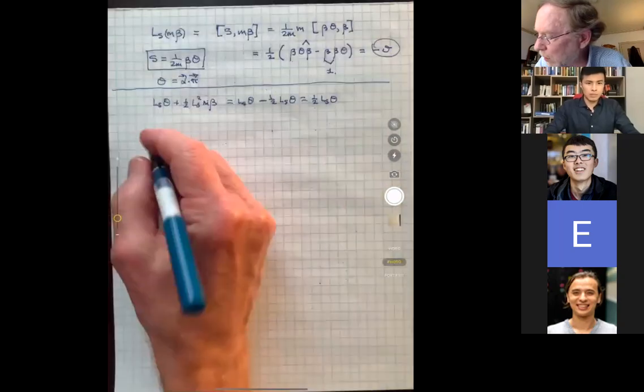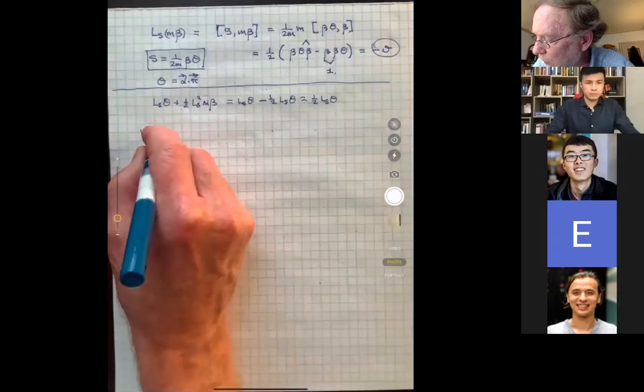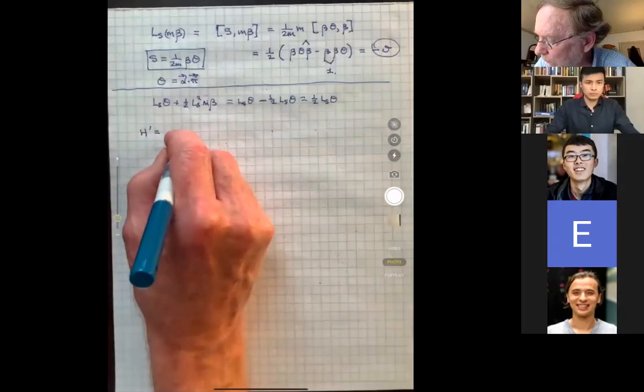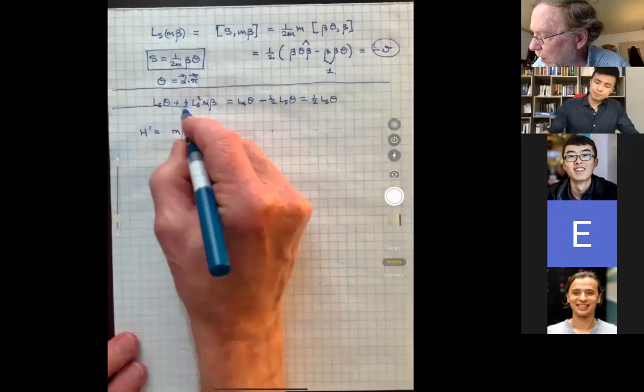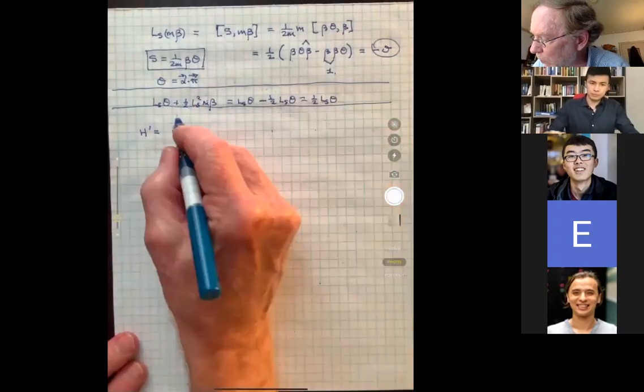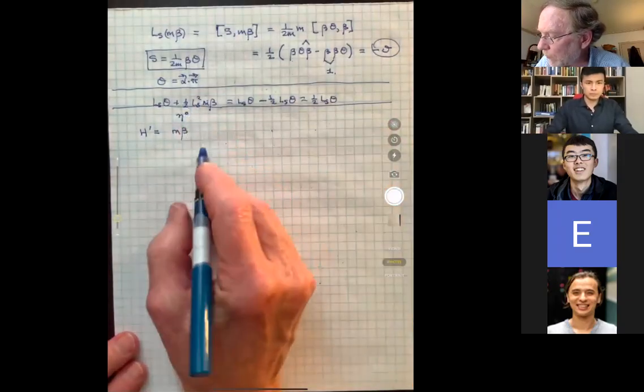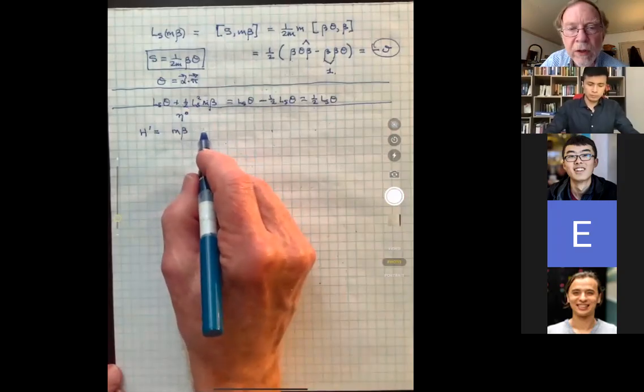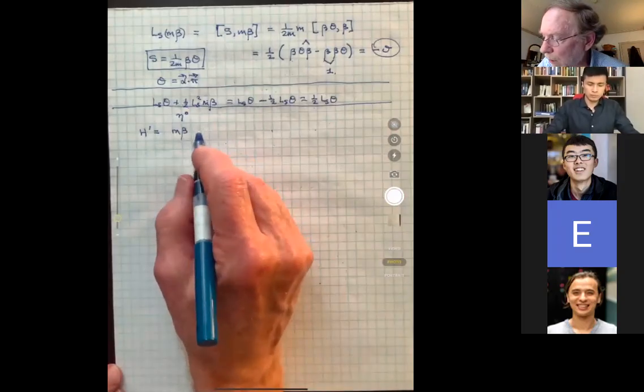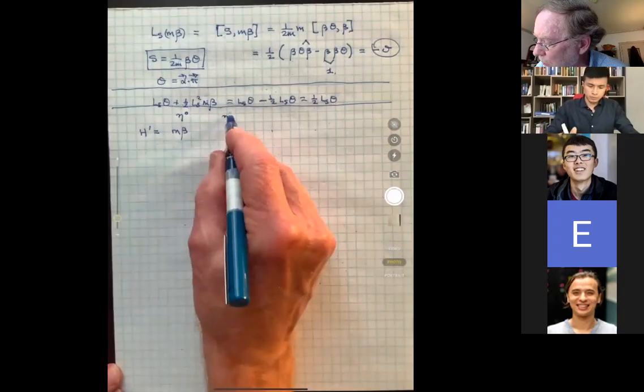So if we do this, then here's what we get for H prime. We get H prime is equal to M beta. Let me draw a line up here to separate this off. We get M beta, which is order eta to the 0. Now we killed the terms at first order in eta, so I have a column I can skip now. But the next order is order eta squared.